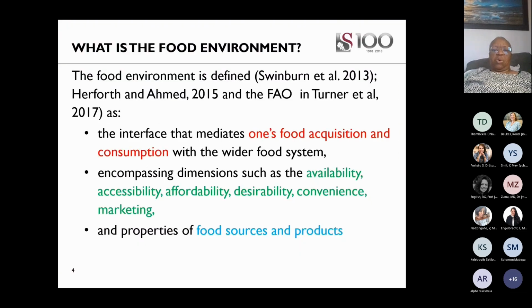So, what is the food environment? It is defined as the interface that mediates one's food acquisition and consumption, and it encompasses the dimensions that we know of: accessibility and availability. But moreover, we also talk about affordability, desirability, and convenience, and more importantly, marketing.